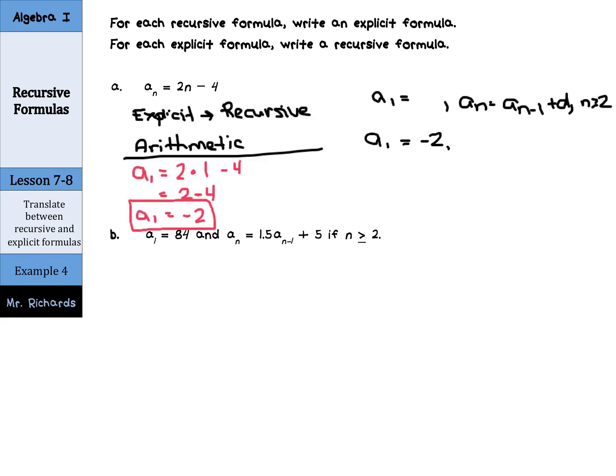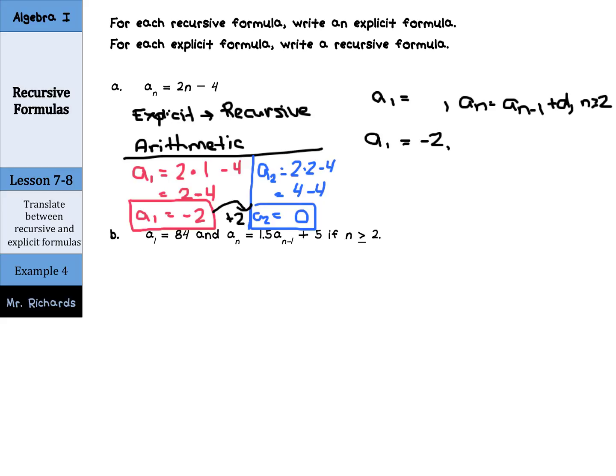Now, in order to help myself find this common difference, there are a couple different ways to go about this. One way is to look for the second term and see what changed. Well, for my second term, I can take 2 times 2 minus 4. That's 4 minus 4, which is 0. So the second term is 0. How did I get from the first term to the second term? I added 2.